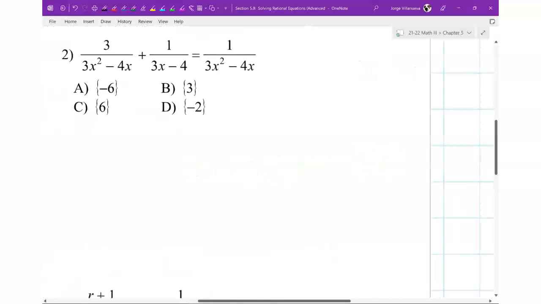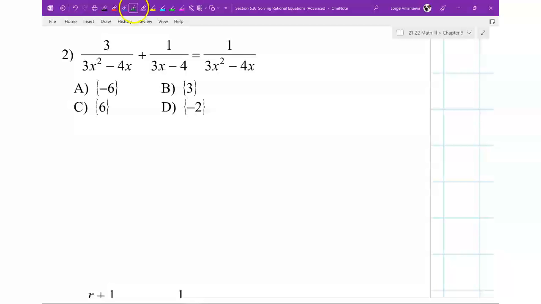Okay, so again, we are basically doing what we did yesterday. We're going to try our best to find a common denominator, then multiply by that common denominator so that we can cancel out all those fractions. We want the fractions to disappear. And once that happens, usually it gets a little easier for us.